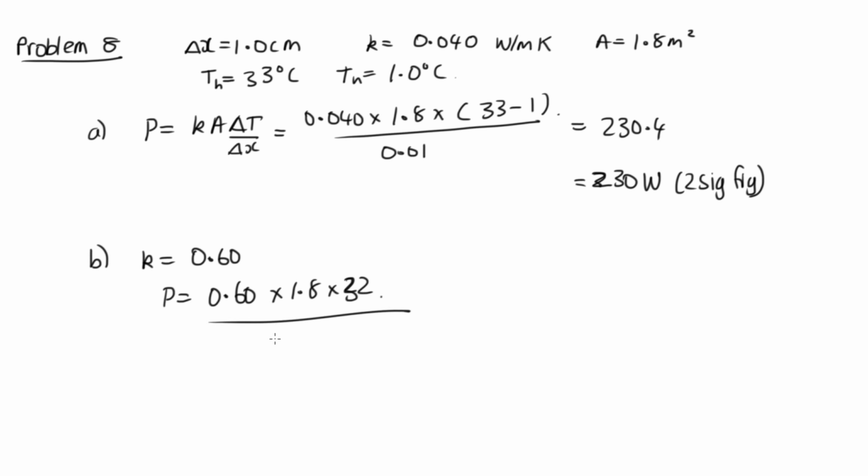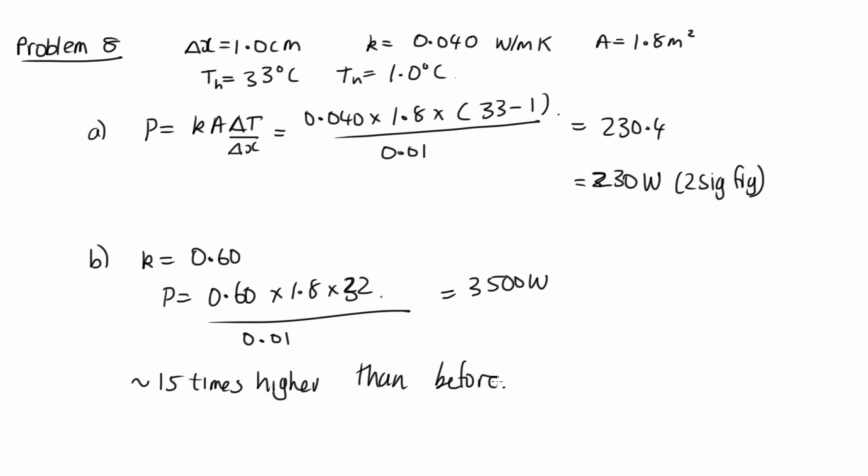That's the temperature difference between the two sides, divided by 0.01, and solving that we get this is equal to 3,500 watts, so it's much higher. So if we divide this one by this one, we find it's around about 15 times higher than before, which is why he's going to end up so cold.